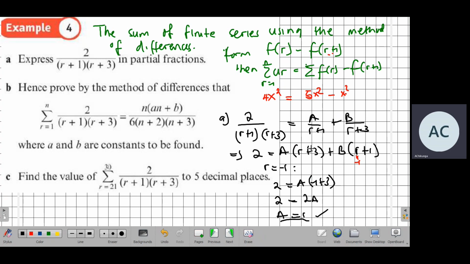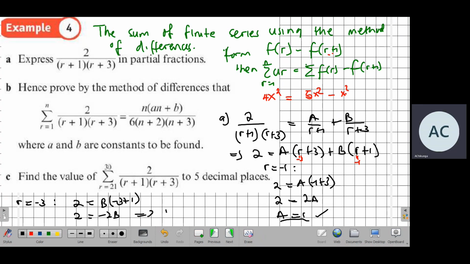And if I want to eliminate a, I will have to set r equal to minus 3, which means this part becomes 0. So I'm going to have 2 is equal to b(minus 3 plus 1), which is just minus 2b equal to 2.